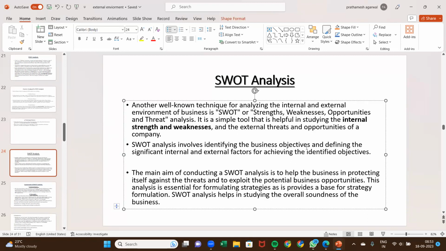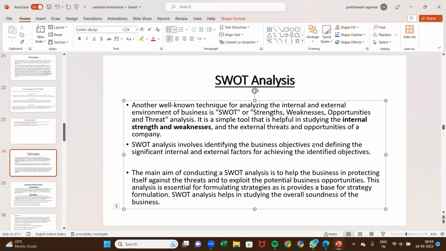involves identifying the business objectives, right? What is the business objective? What is the aim of the organization? And defining the internal and external factors for achieving the identified objectives. See, goals are on a daily basis also, but objectives are long term.